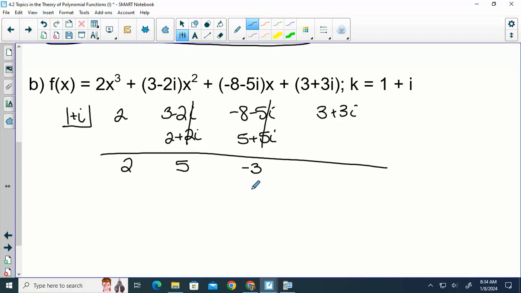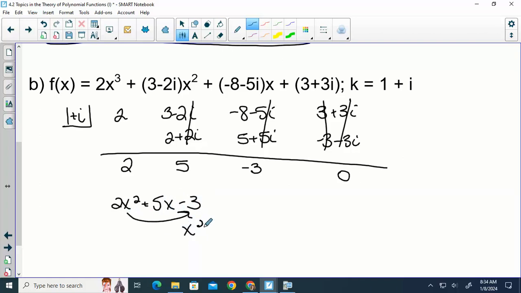And we get negative 3 times 1, plus negative 3 times i. It all cancels, we get 0. And you're left with a quadratic, so you just simplify.